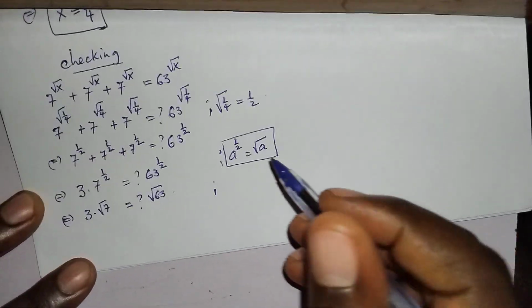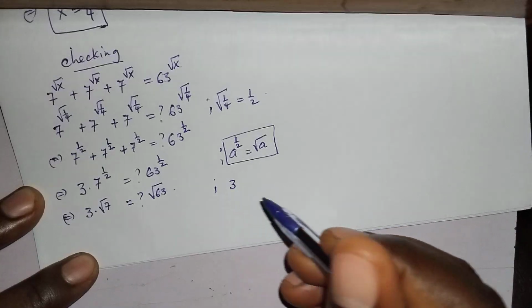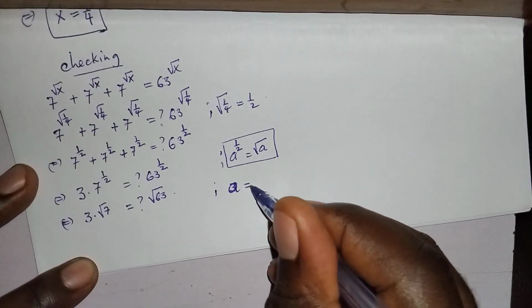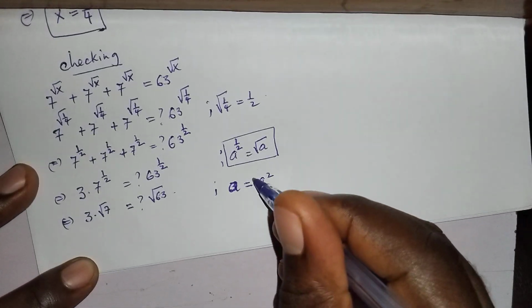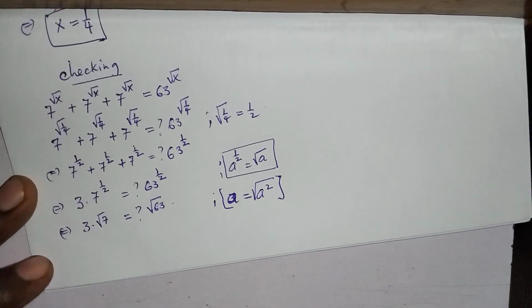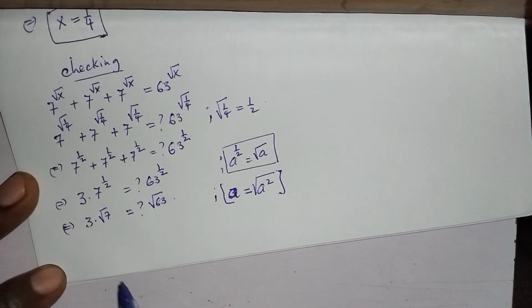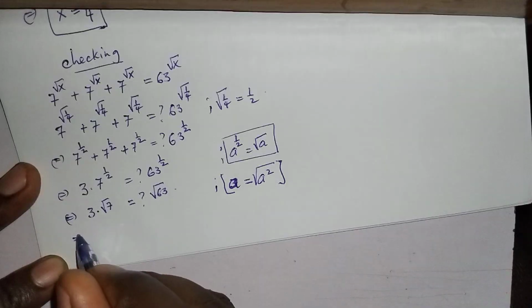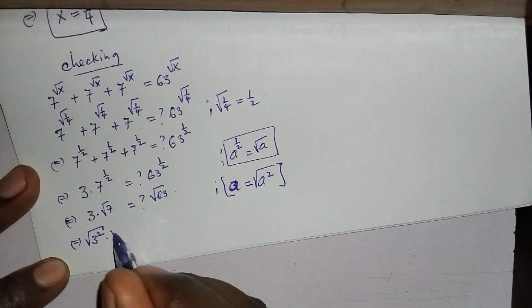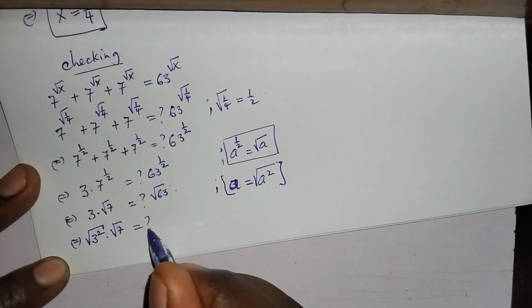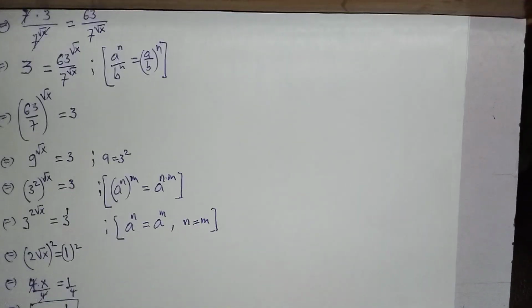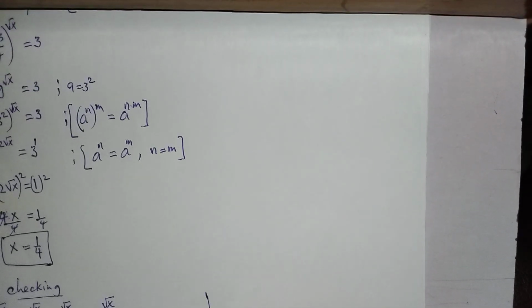From here, let's use a: a number can be written inside a square root. Yes, because we simplify this, it remains a. So from this 3, we have 3 times √7. Is it equal to √63?